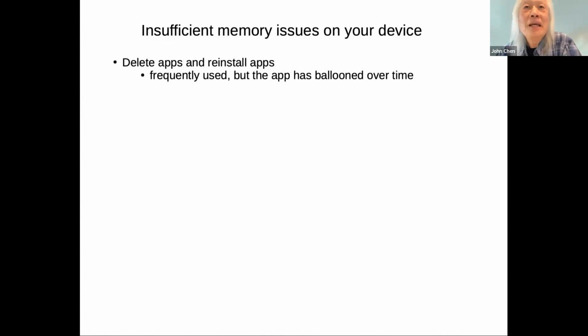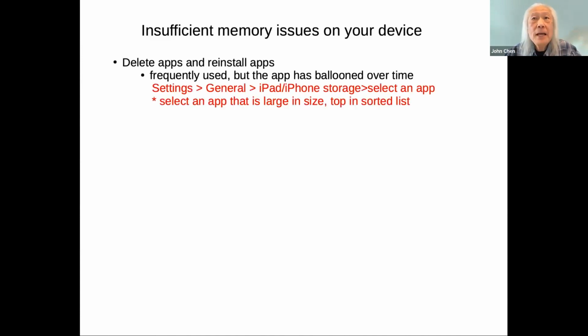Another one is deleting apps, when the app has ballooned over time, and that would be an example like a King 5 app. I can go into Settings, General, iPad, iPhone storage.